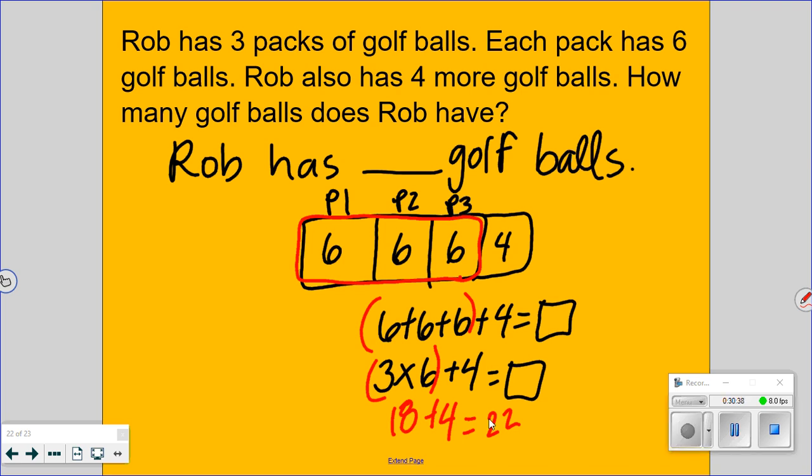I got a lot of numbers happening on this page. I got 6s, I got 4s, I got 18, I got 3, I got 22. How do I know which one is the number of golf balls he has? Avery, what do you think?